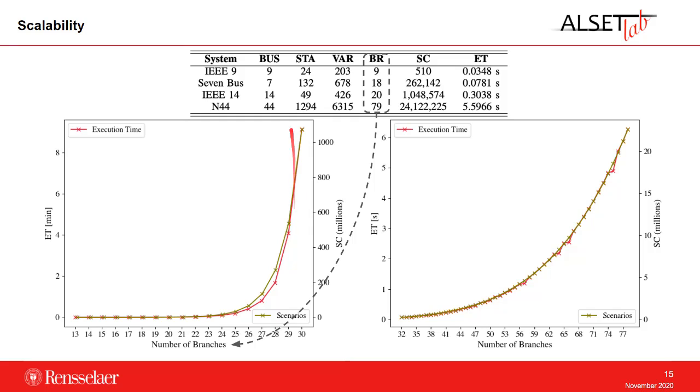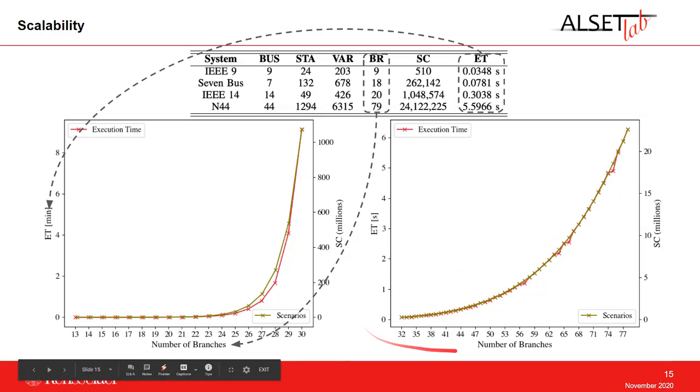So to avoid this behavior and to allow our method to scale up for large systems, we have imposed that constraint of n-5, and then we have the result here on the right, where we see that, for example, for Nordic 44, a system with 79 branches, we can generate 24 million different scenarios using this method in less than 6 seconds. So that is really good, and it speaks really well of our contingency generation method.